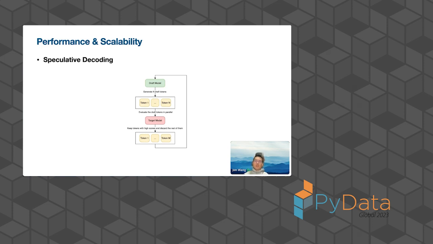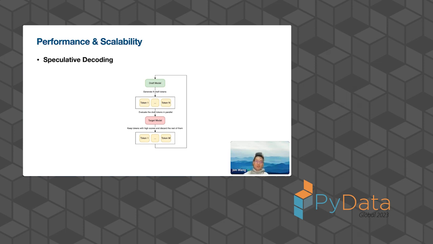Speculative decoding is one of the most popular parallel decoding algorithms. Other parallel decoding algorithms include look-ahead decoding and Medusa. And the core of the speculative decoding algorithm is to use a smaller, quicker draft model to generate several tokens in advance.